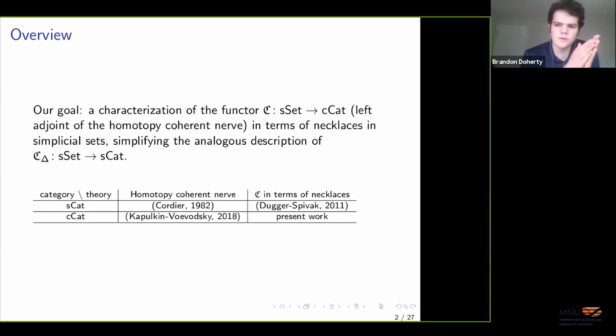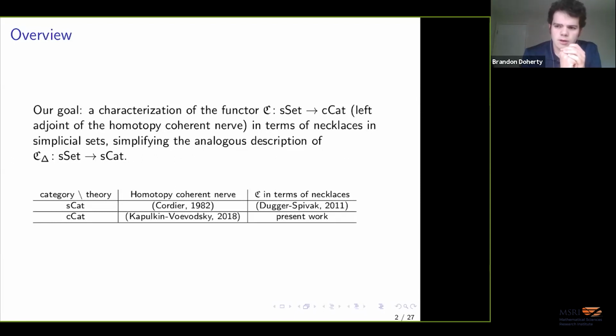The traditional simplicial version of the homotopy coherent nerve, from simplicial categories to simplicial sets, is due to Cordier. Its left adjoint has a concrete description in terms of necklaces in a simplicial set, a term which I'll be defining later on, which was originally due to Dugger and Spivak in a paper of theirs from 2011.